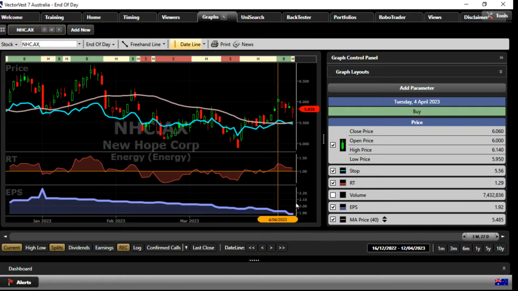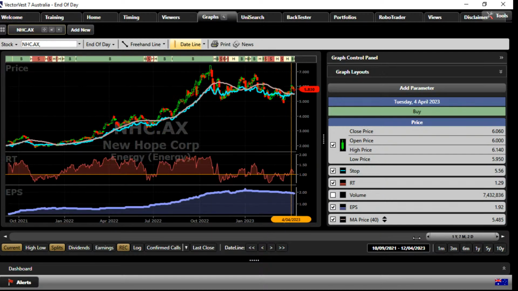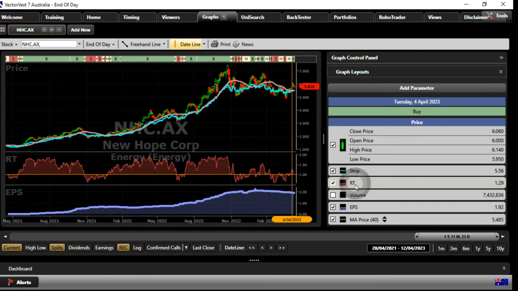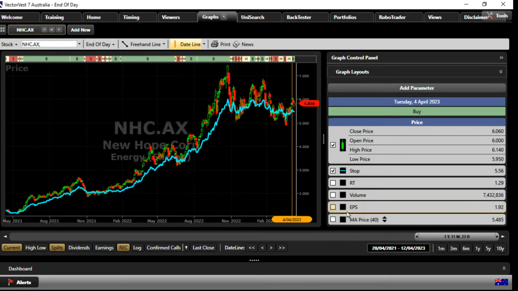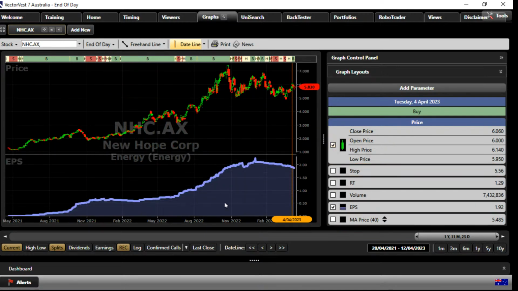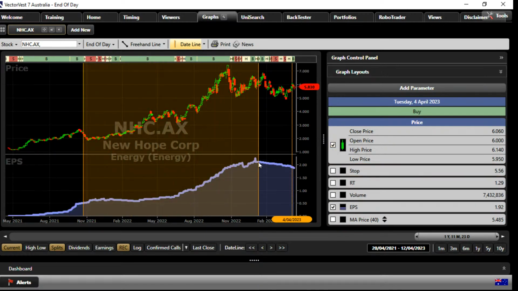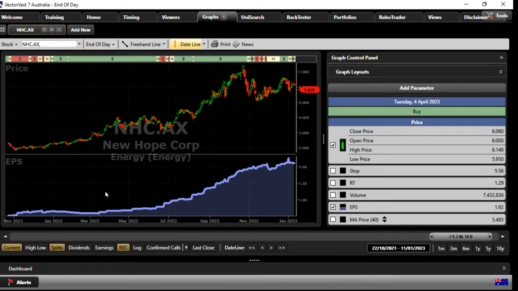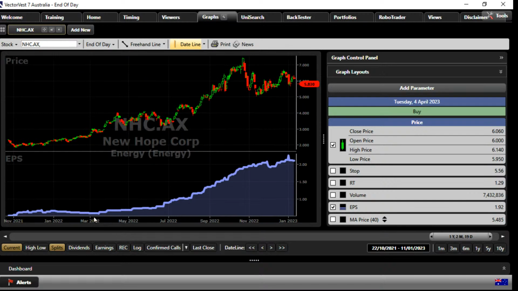I'd want to wait for those earnings to start turning up, because we've seen the correlation time and again, rising earnings, rising share prices. So if I put on the EPS here, there's that correlation, rising earnings, 12 months forecast on the earnings. Let's just clean it up a bit. So you see the correlation, rising earnings, rising share price.